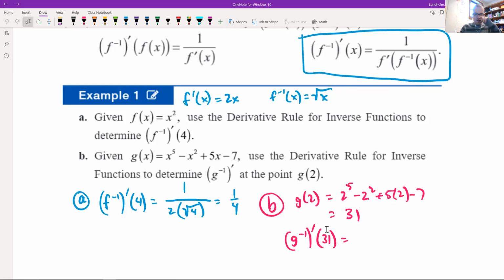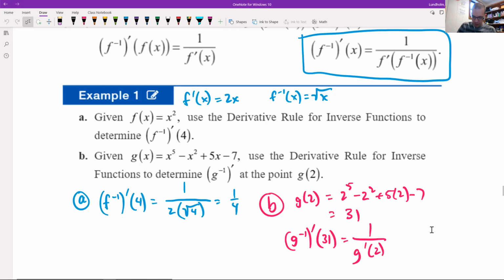We found that was our y value. So that's what we put in there. 1 over f prime of 2 then, or sorry, not f prime, g prime. But yeah, we would need to evaluate g prime of 2.